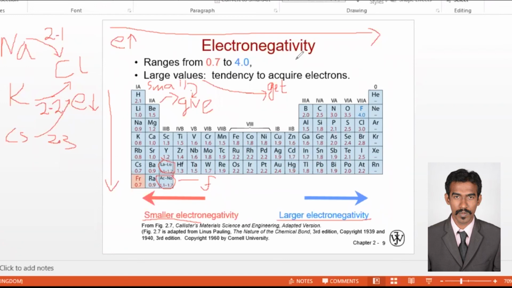Based on this, we have a separate table which shows which elements can react with which elements. So if I have NaCl and want to separate the Na and Cl, I will go for K. K will react with Cl and remove the Na alone. This is why we need the electronegativity values.